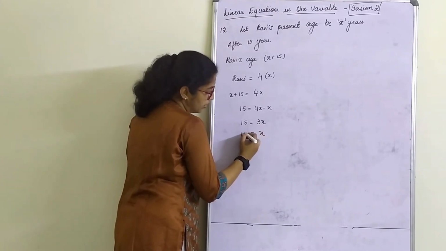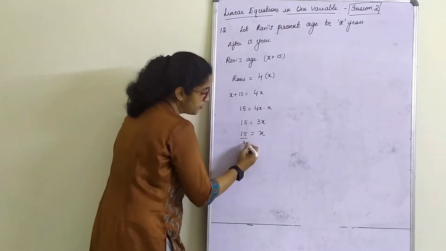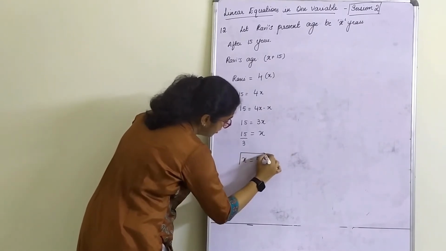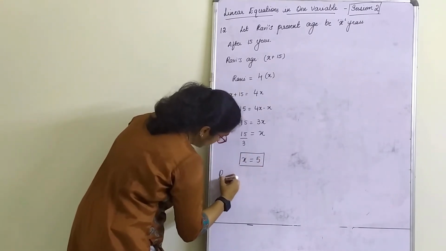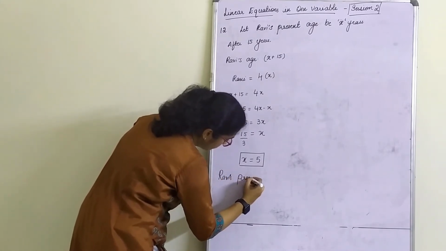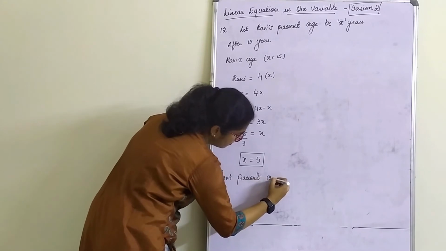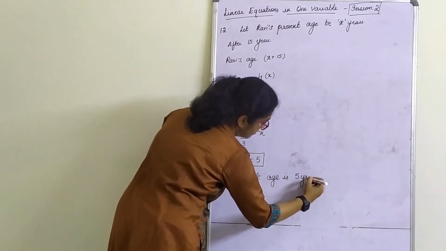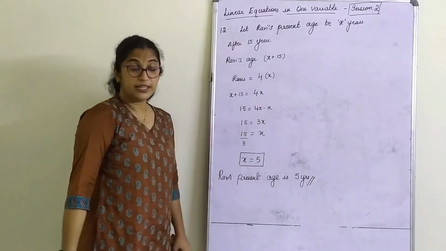X is equal to 15 by 3. 3 ones are 3, 3 5s are 15. X is equal to 5. So Ravi's present age is 5 years. Okay.